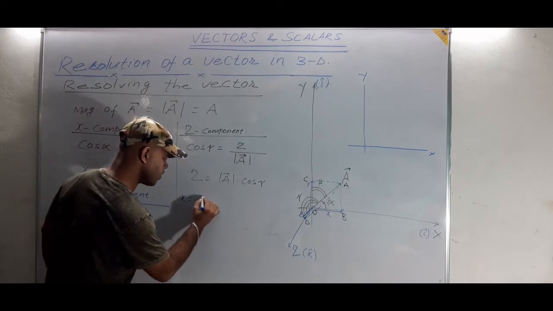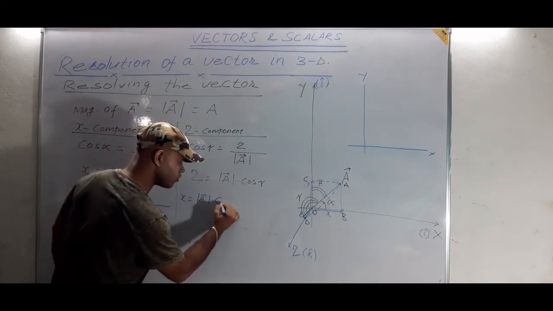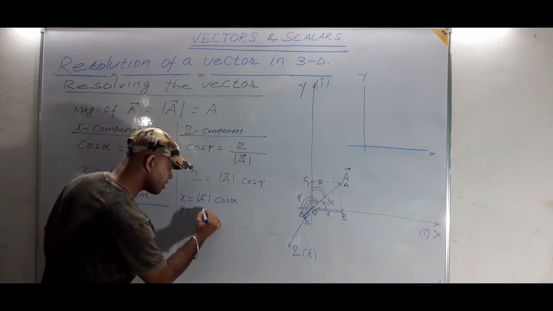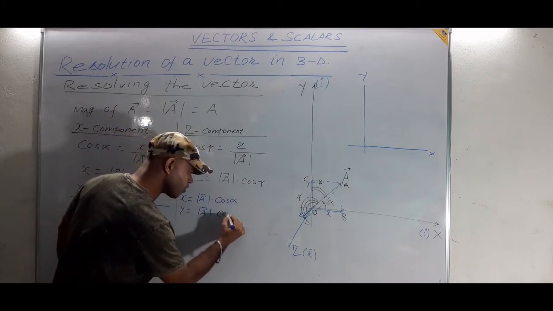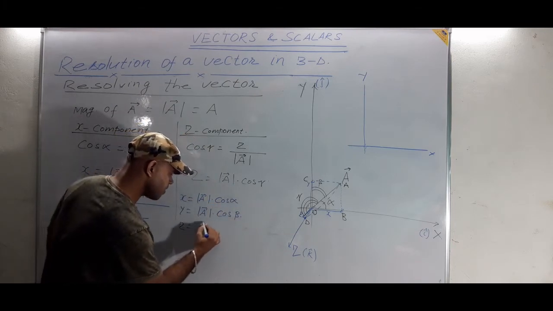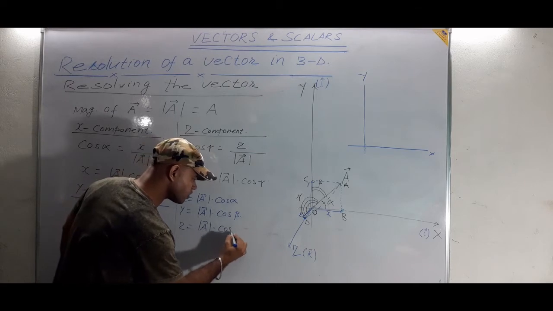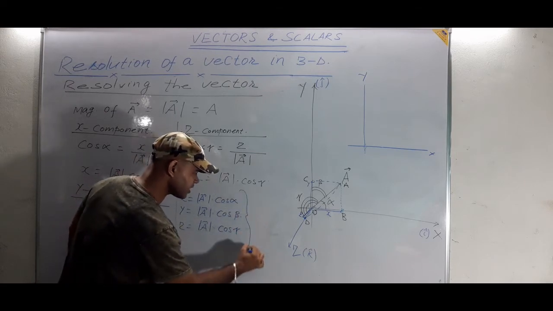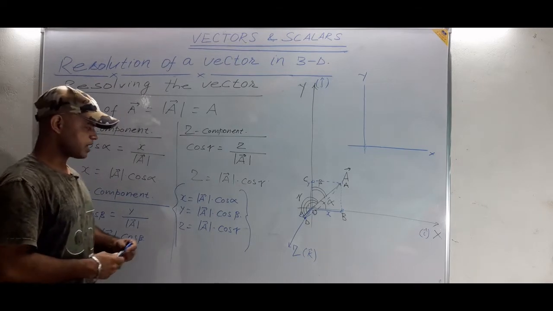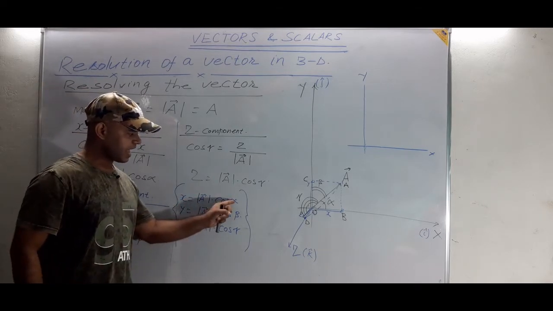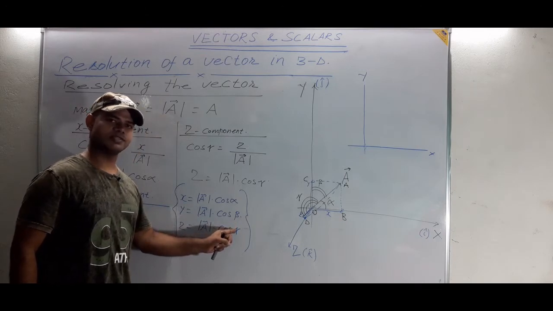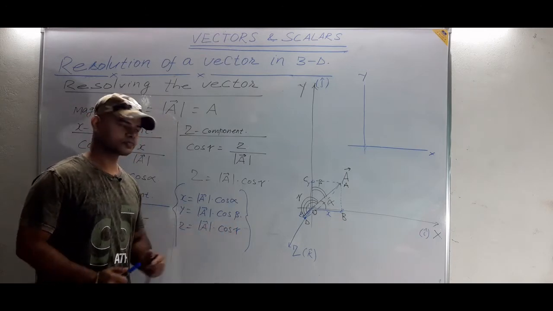X is equal to mod of A into cos of alpha, Y will be written as mod of A into cos of beta, and Z will be written as mod of A into cos of gamma. These are the components of a vector in 3 dimensions whose magnitude is given and the angle with respect to positive x-axis, positive y-axis and positive z-axis is given.